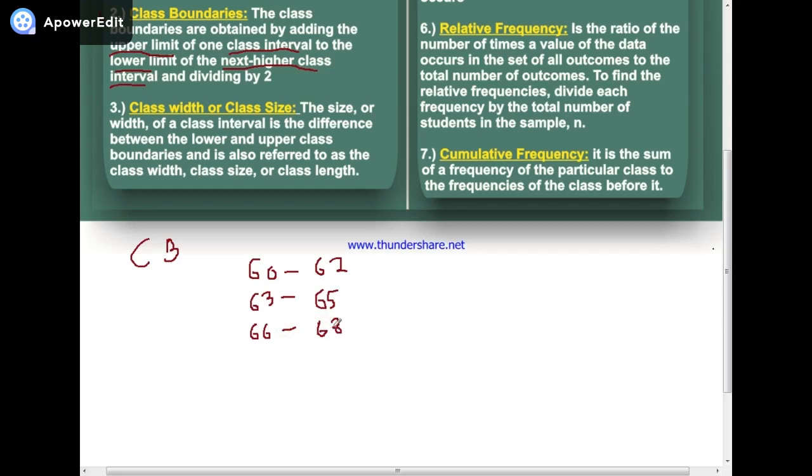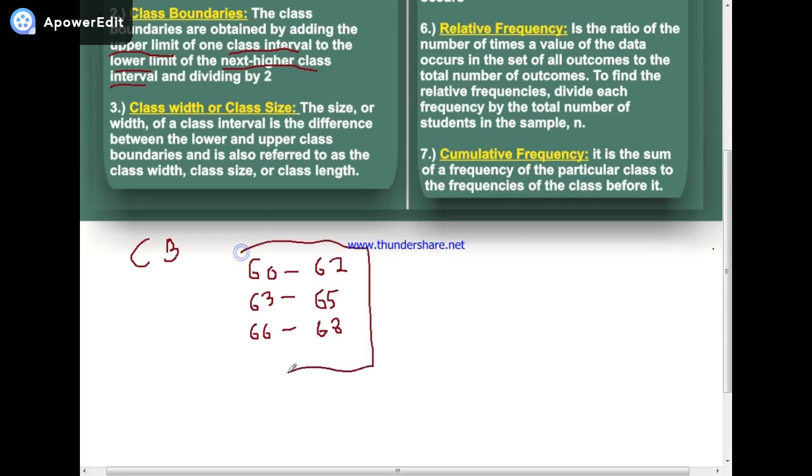So the class size will be, 60, 61, 62, that means our class size here is 3.